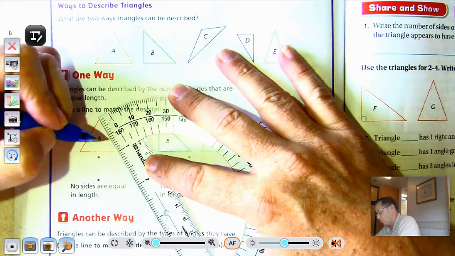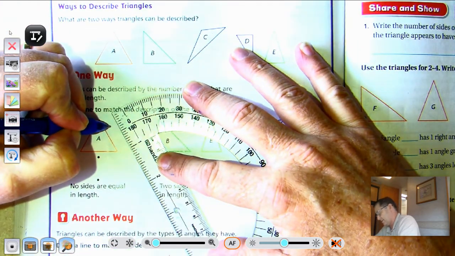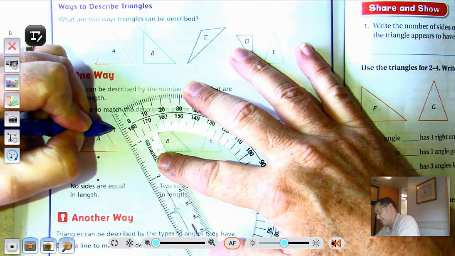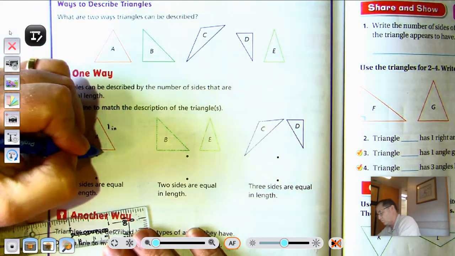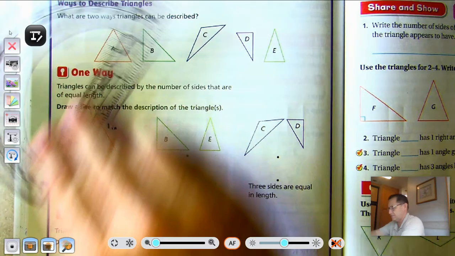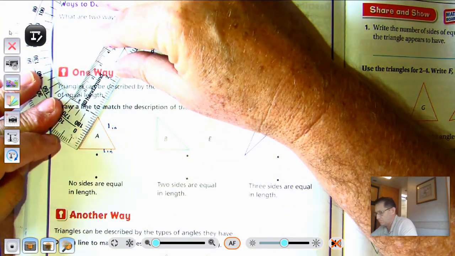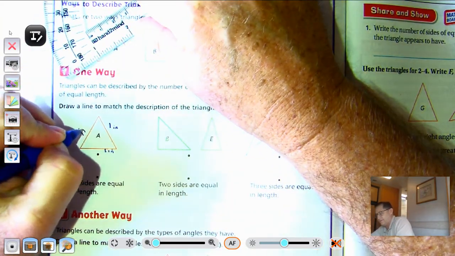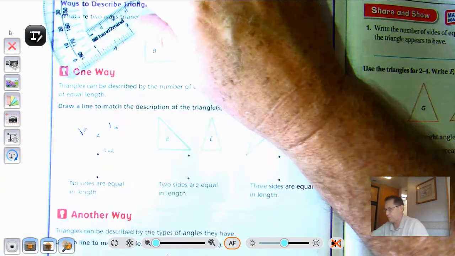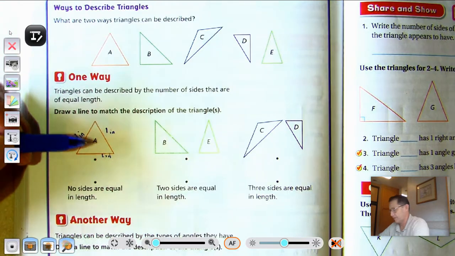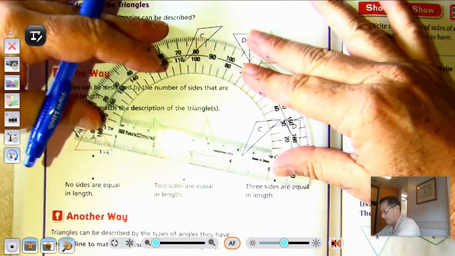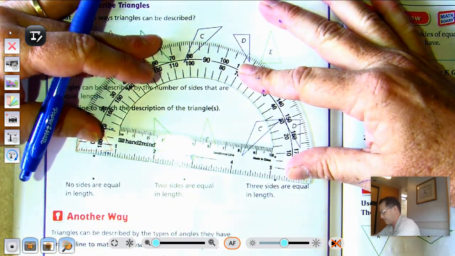This one is 1 inch, 1 inch, 1 inch. Okay, so this one, all sides are equal. So that would go to this one over here. 3 sides are of equal length.